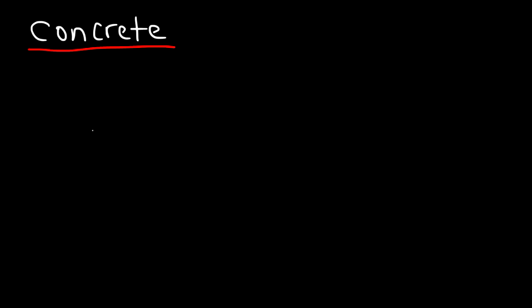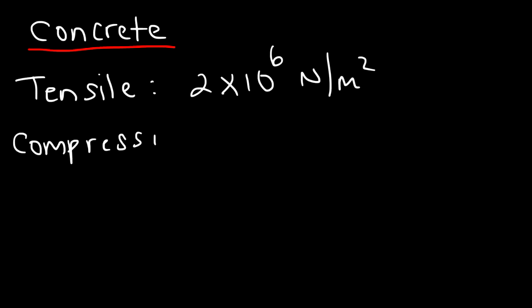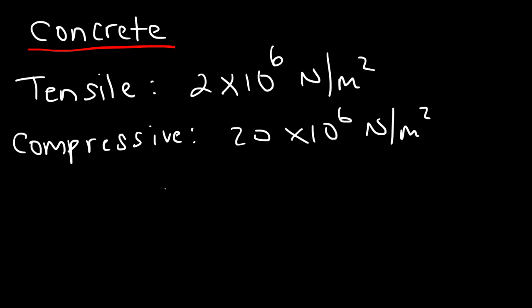For example, the maximum tensile strength of concrete is 2 times 10 to the 6 newtons per square meter. And the maximum compressive strength of concrete is 20 times 10 to the 6 newtons per square meter.